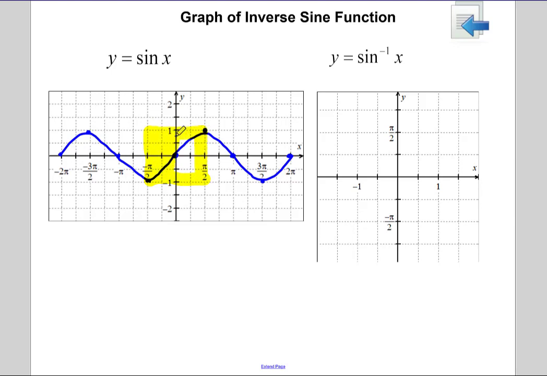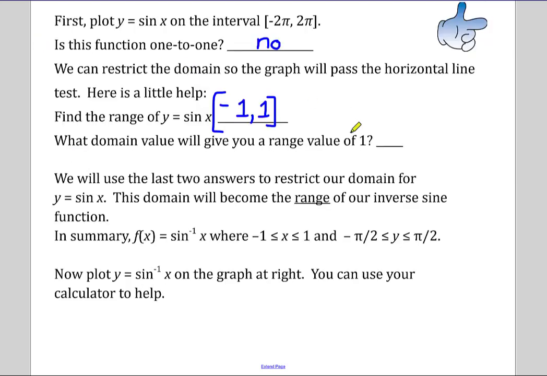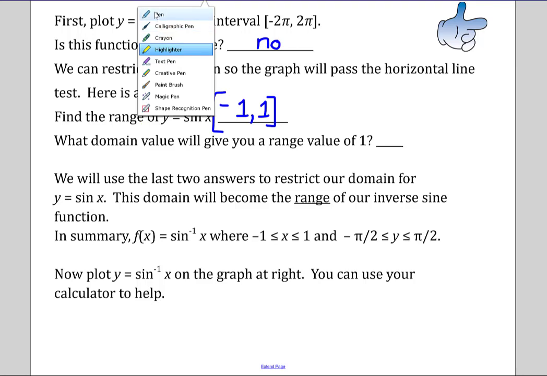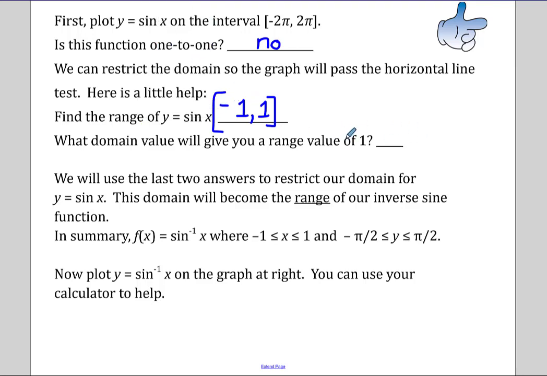So if we consider this little portion of the parent function, what domain value will give you a range value of positive 1? It is pi over 2. And what domain value will give you a range of negative 1? That would be at negative pi over 2.